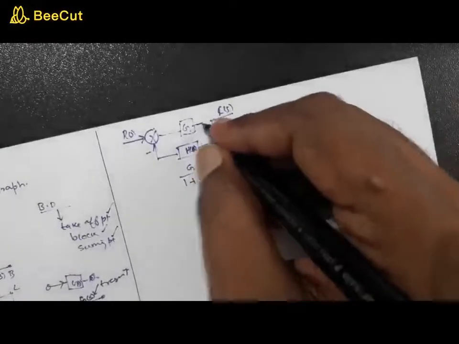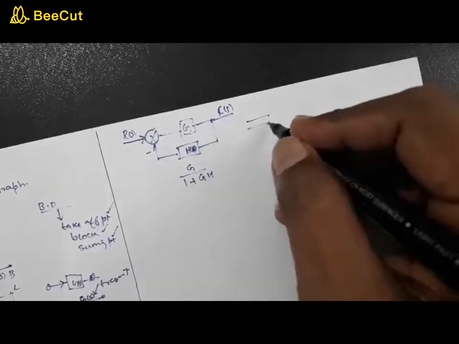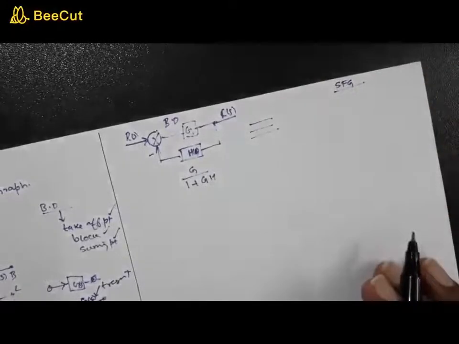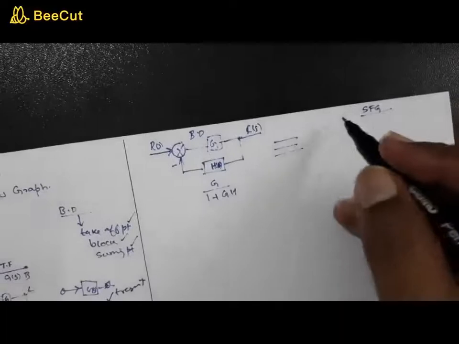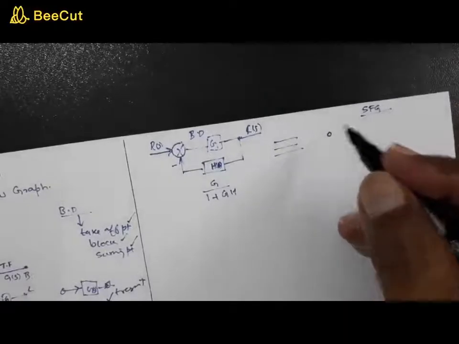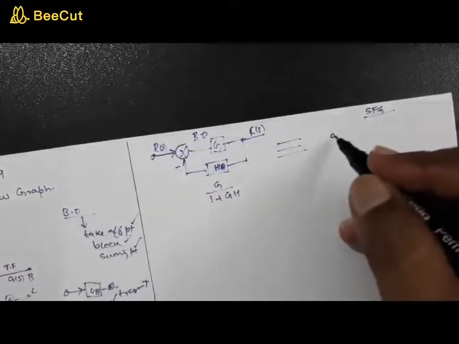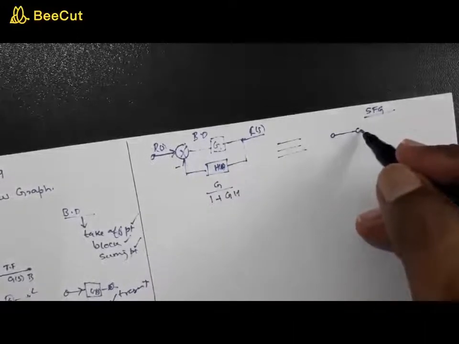Now how to draw the signal flow graph of this? This is actually the block diagram, so you need the SFG of this. I told you that the nodes stay as nodes here, no change. The summing point can be considered as a node.